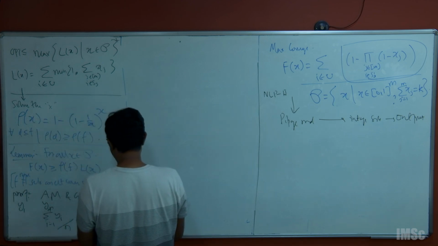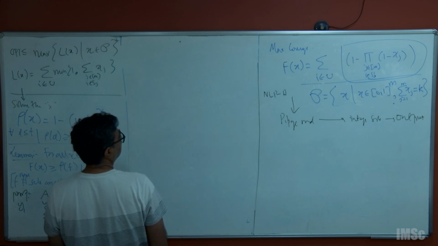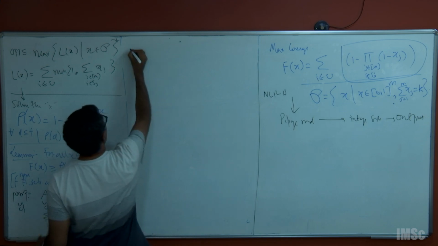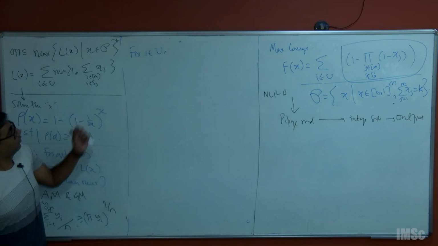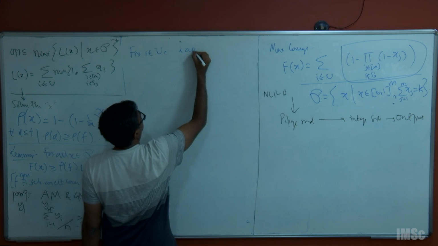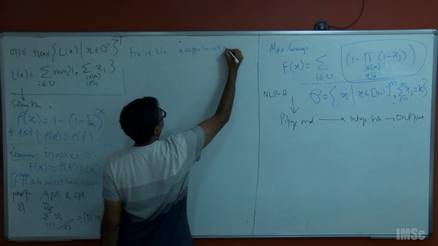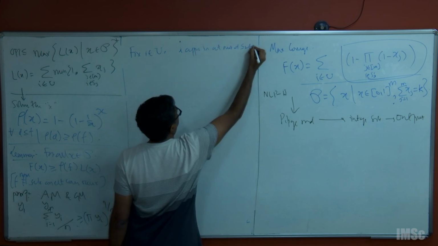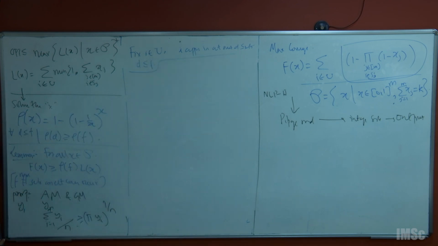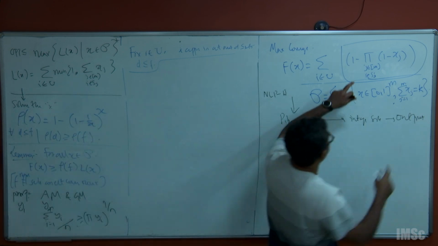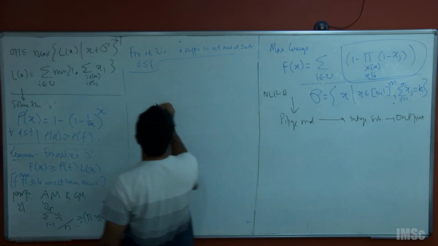Okay. So, now what I am going to show to you: fix i in our universe, and suppose i appears in at most d sets, where d is less than or equal to f. Now, I want to understand this term. What will I write here?